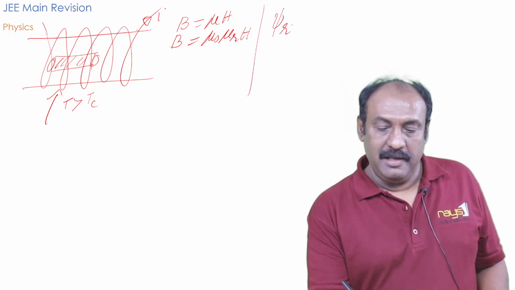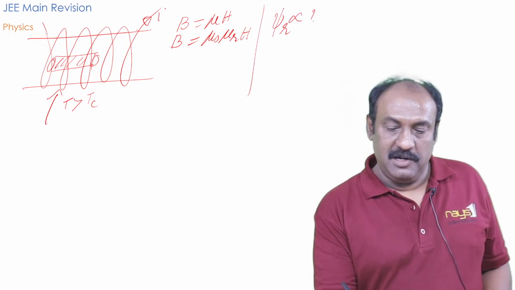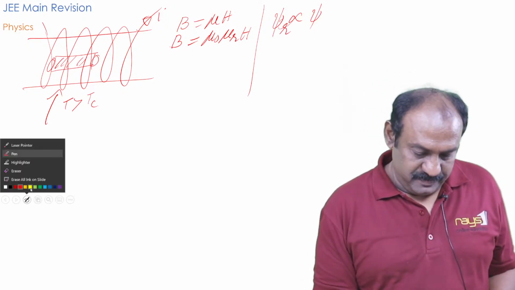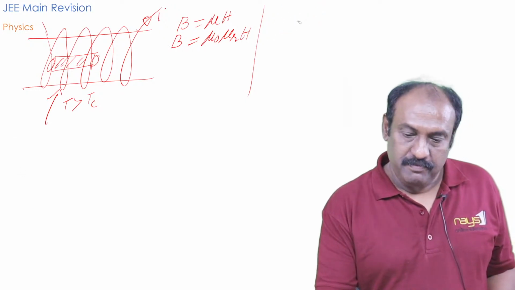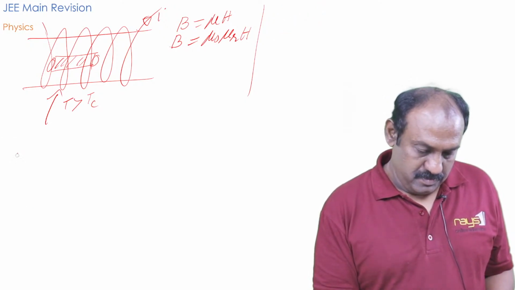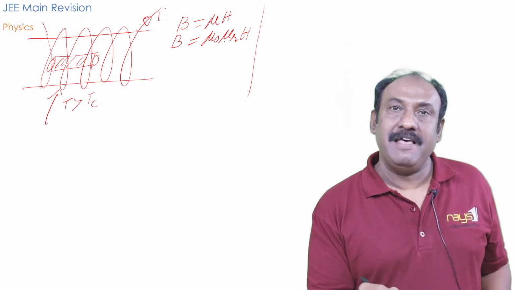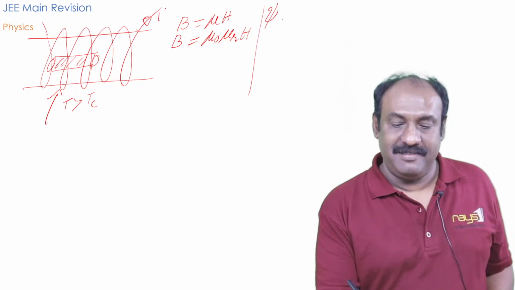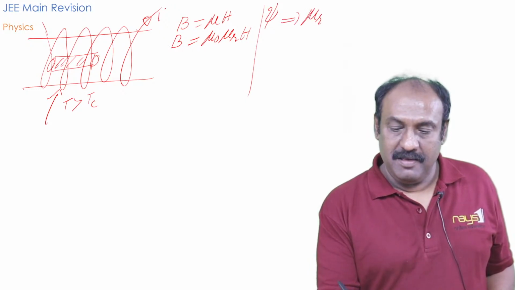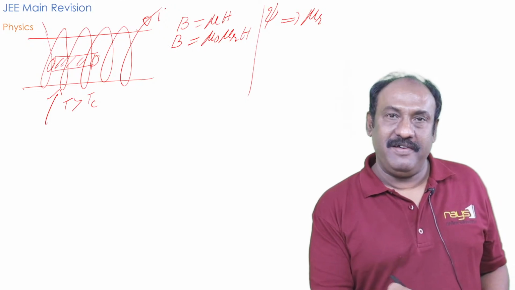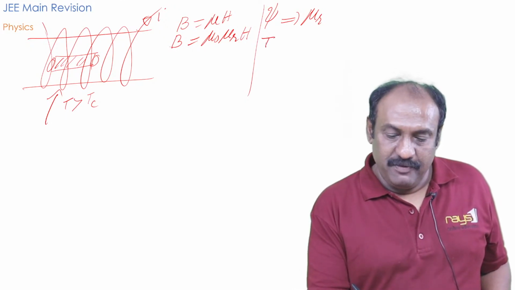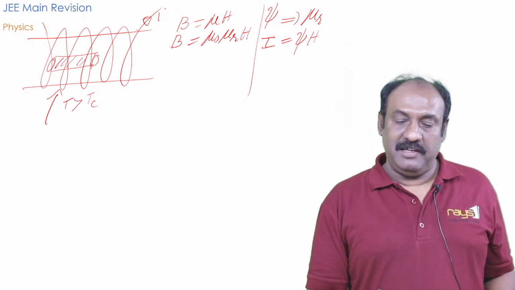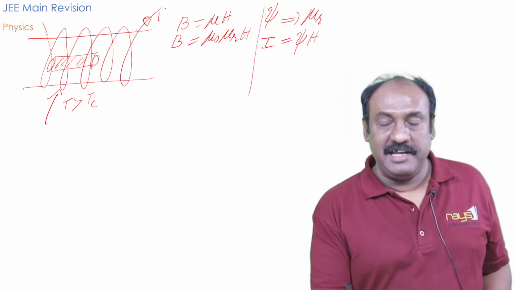Mu r is directly proportional to psi. So in place of mu r, I replaced it as psi, because here the values are very high. So what is the intensity of magnetization? I equal to psi into H. Intensity of magnetization is I equal to psi into H.